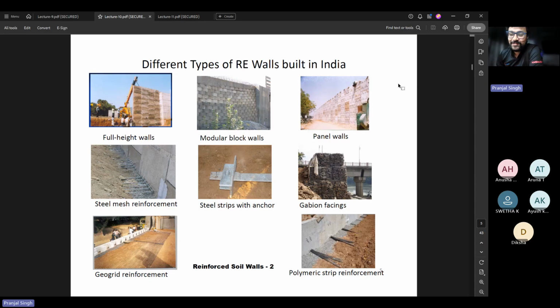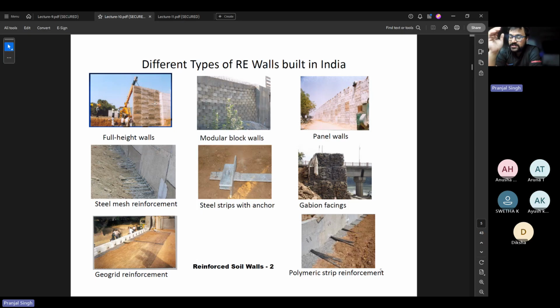Yeah, so back to what we were saying, different types of RE walls built in India. You have different facings. Some of them are flexible, some of them are not. This is relevant because sometimes you have allowable limits for the deformation of the walls, and those limits depend on what kind of facing you have.